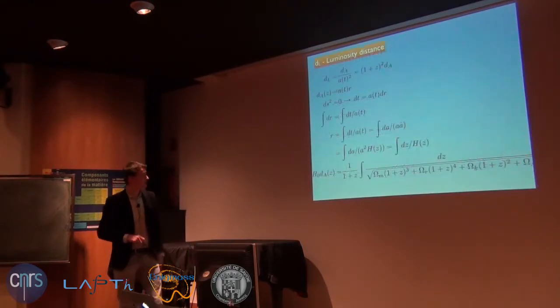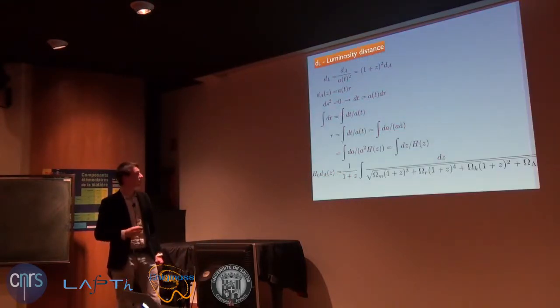And then here was the only slide with equations in the other lecture, trying just to emphasize that the distance measures that we have in cosmology, luminosity and angular diameter distance, are functions of redshift.